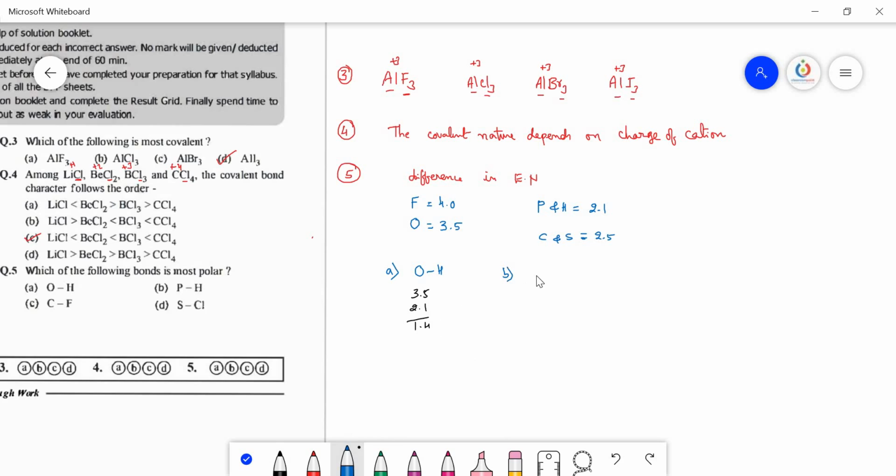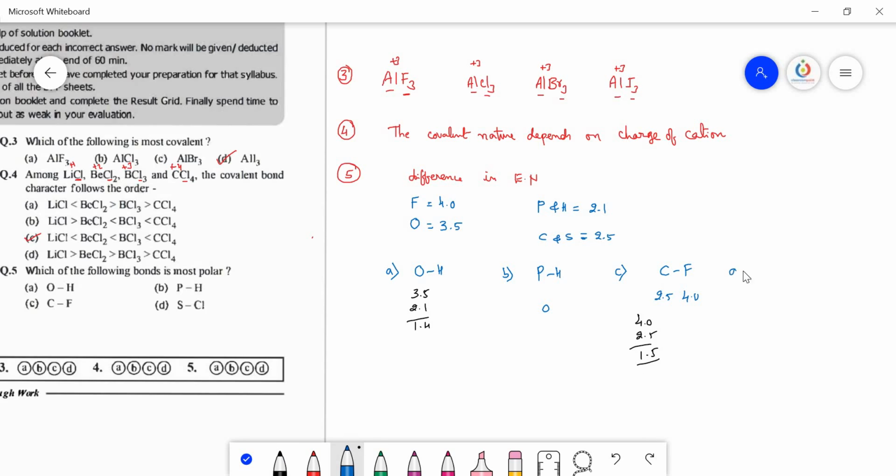Now let's go to option B, phosphorus and hydrogen. Since they have the same electronegativity, the difference is 0. Next, option C, carbon and fluorine. Carbon value is 2.5, whereas fluorine is 4.0. The difference here is 1.5.